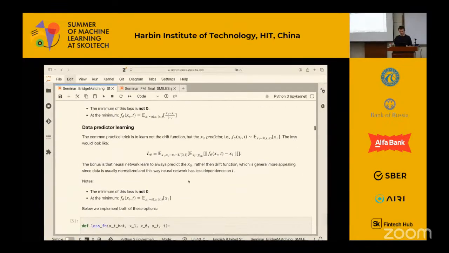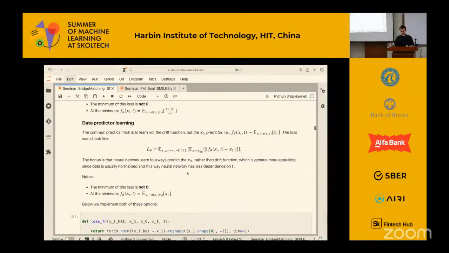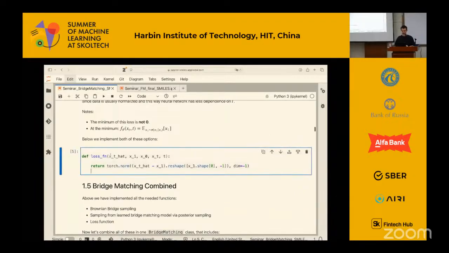And again, the minimum of this loss is not 0, which is important, just as for the previous loss. So at the end, the implementation of the loss function will be as follows. We have x1 hat, which is the prediction of x1 by our vector field model, and it will be regressed onto x1. So again, a very simple regression problem, very simple to implement.